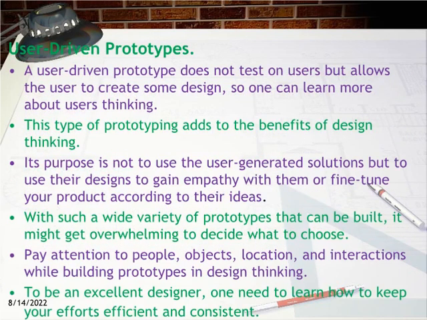A user-driven prototype does not test on users but allows the user to create some design, so one can learn more about users' thinking. This type of prototyping adds to the benefits of design thinking. Its purpose is not to use the user-generated solutions, but to use their designs to gain empathy with them or fine-tune your product according to their ideas.